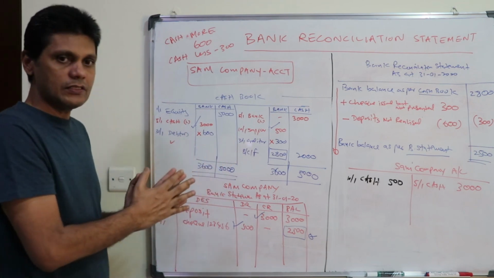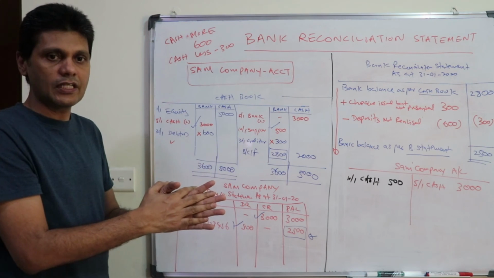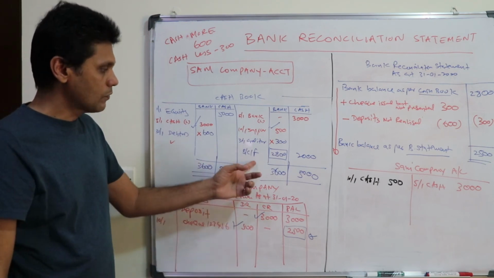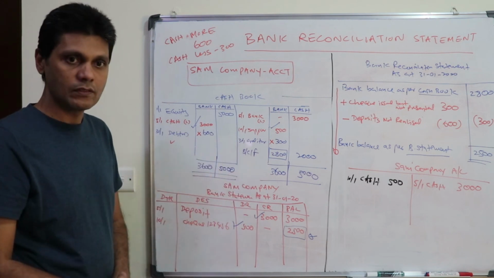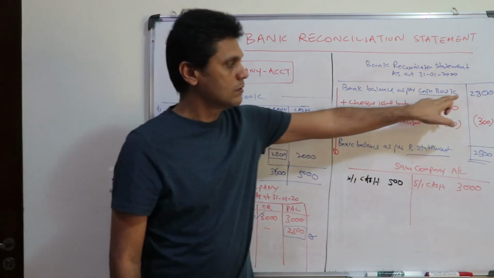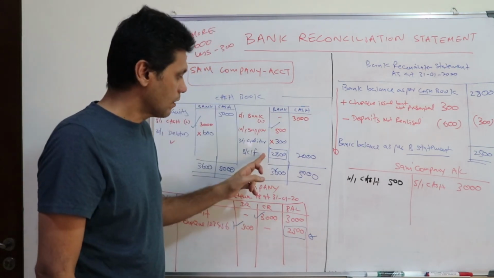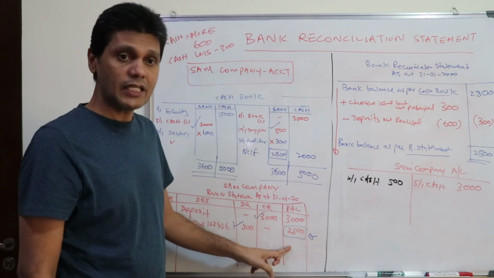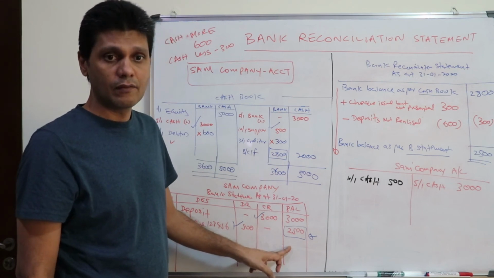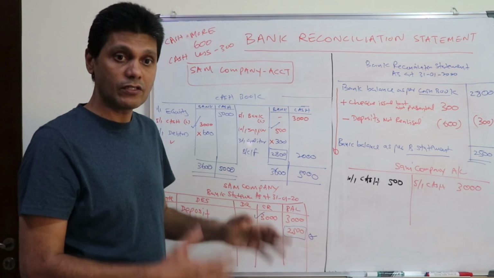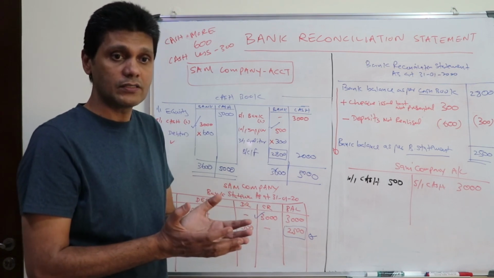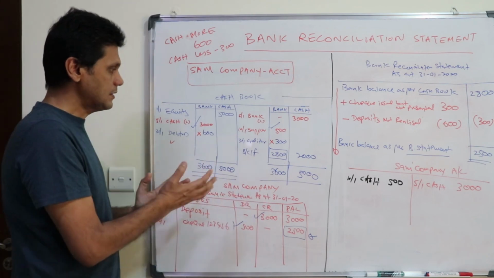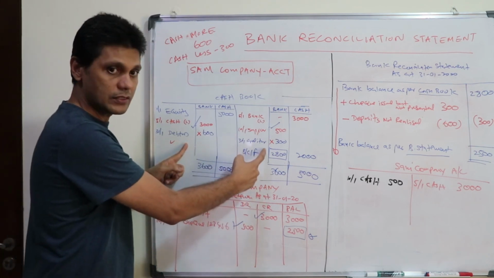Now based on this we have to present the reconciliation statement to the management. So we took the bank as per cash book. How much? 2800. So the cash book shows a 2800 bank balance. Our bank statement shows a 2500 bank statement balance. There is a difference of $300. When you analyze this, we identify there are two differences.